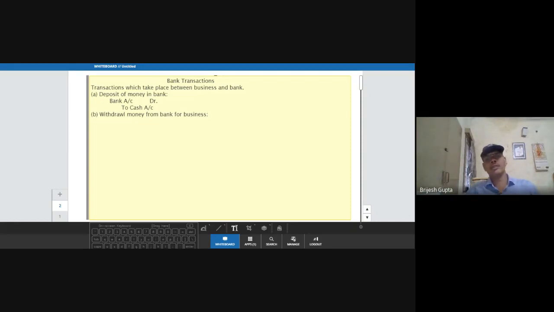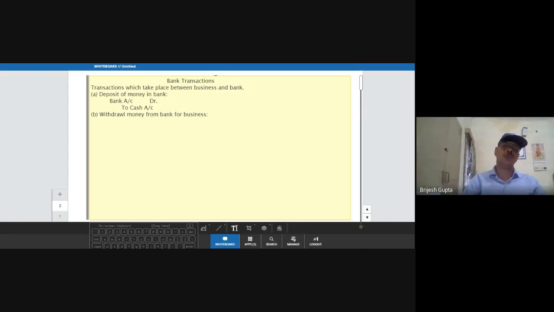This is a common phenomenon in business: businessmen keep on depositing and withdrawing money. Whenever they get more cash, they deposit it in the bank, and when they feel a shortage of cash, they can withdraw money from the bank. This money is withdrawn for business use, not for personal use. It is not drawings. It is a withdrawal of money from the bank account for business.